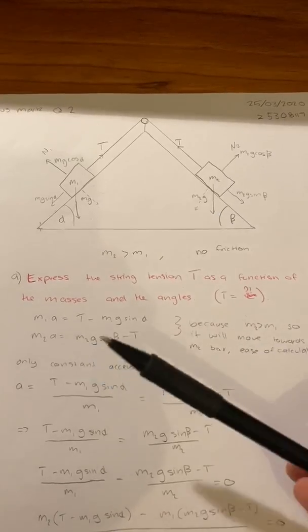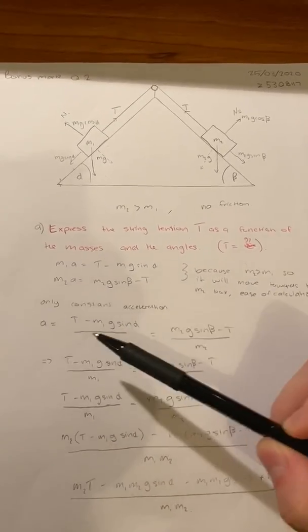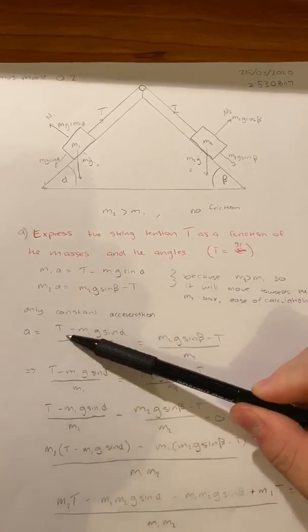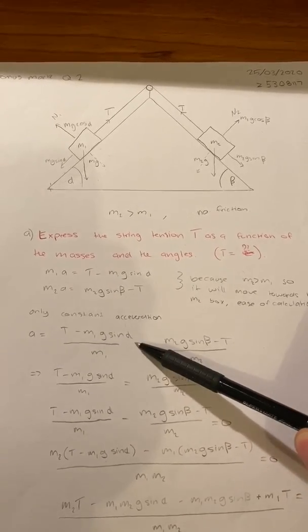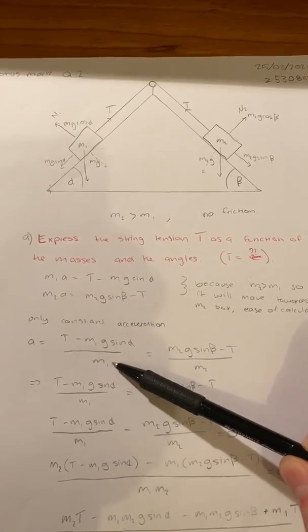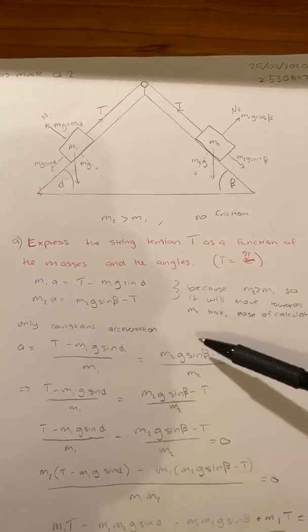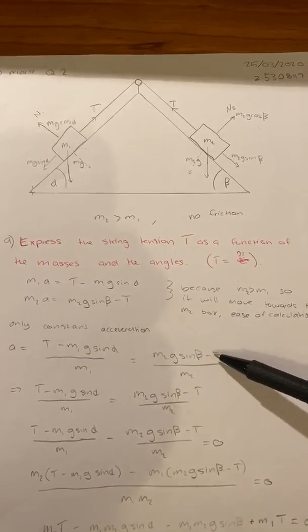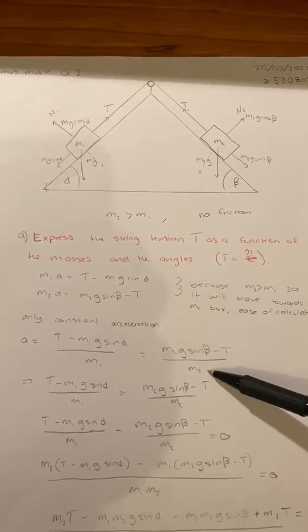So since the acceleration is the same, we can equate (T minus m1 g sine A) over m1 equals (m2 g sine B minus T) over m2.